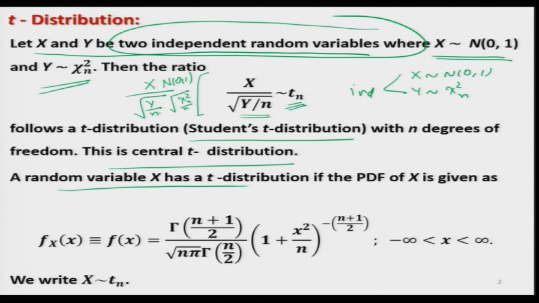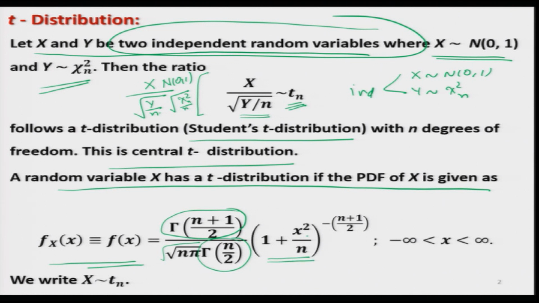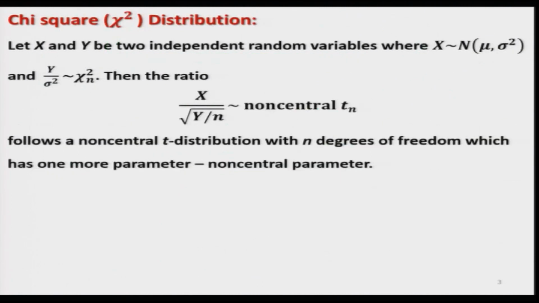A random variable x has a t distribution with n degrees of freedom if the PDF of x is given by gamma of (n plus 1) by 2 divided by square root of n pi times gamma of n by 2, times the parenthesis 1 plus x square upon n raised to the power minus (n plus 1) by 2. Here x lies between minus infinity and plus infinity, and we write this as x follows t with n degrees of freedom, with t and n in the subscript. That is our standard notation. So this is the central t distribution.